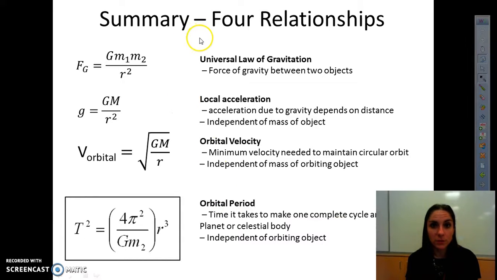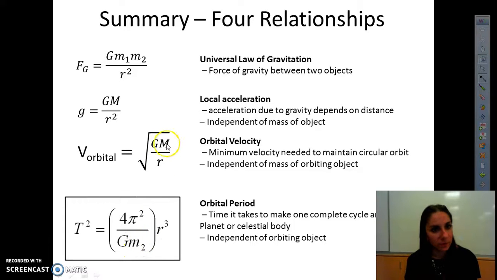So here are the 4 things you need to know. The force of gravity, how to calculate it. Local acceleration, how to calculate the acceleration due to gravity based on the planetary information. The orbital velocity based on planetary information, and orbital period. Notice that in each of these, the biggest contributor is the mass of the central object.